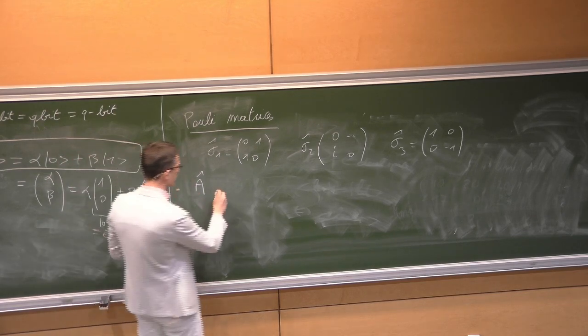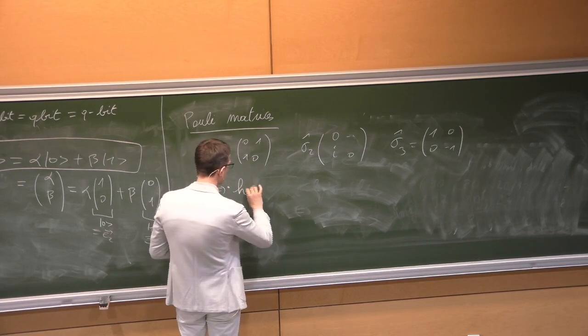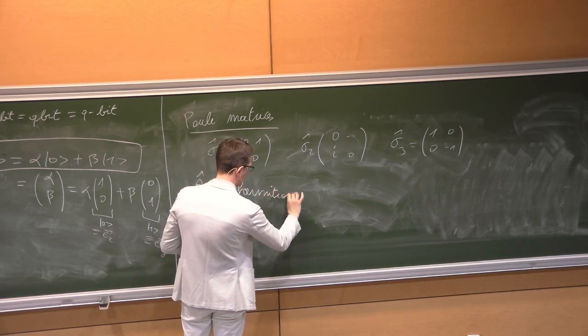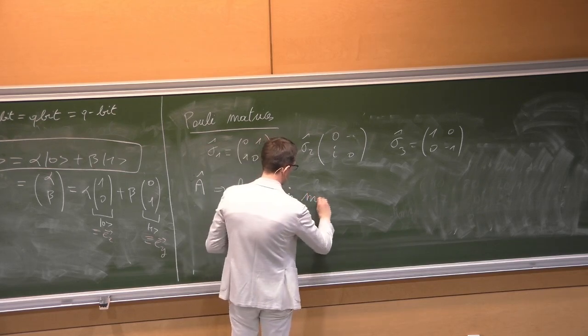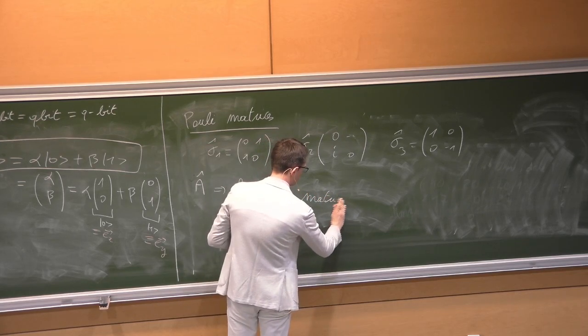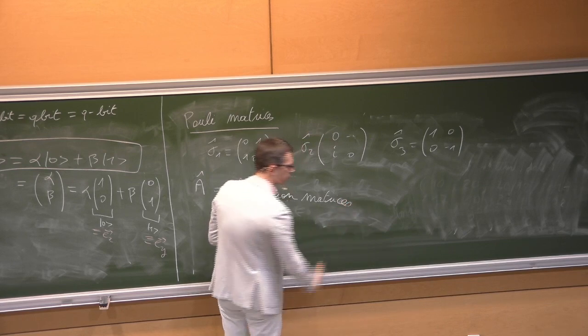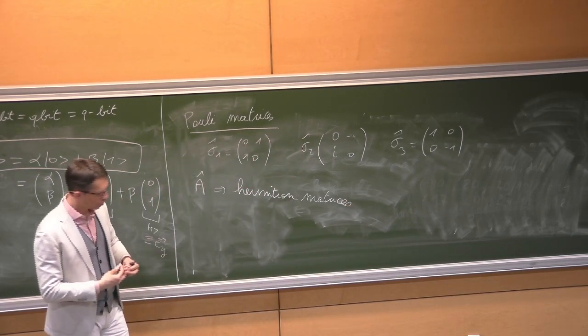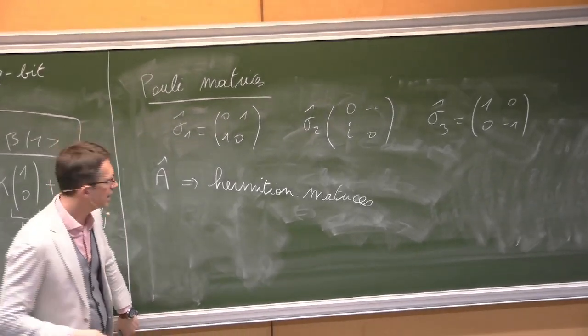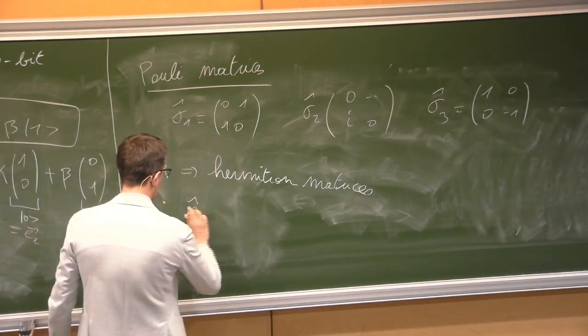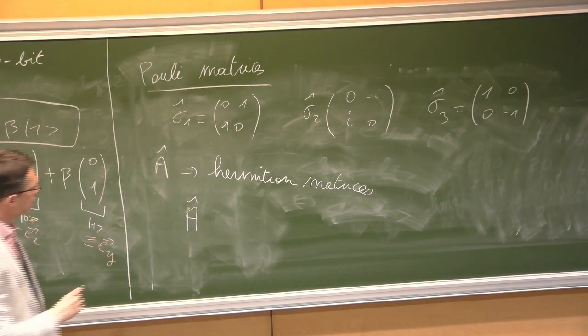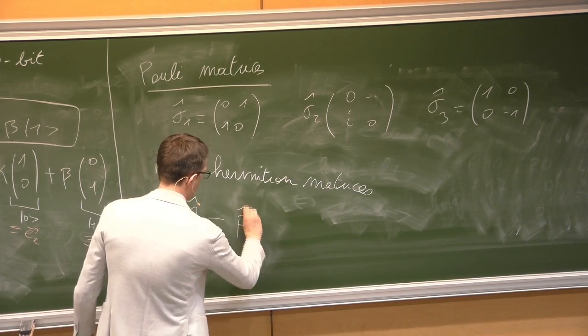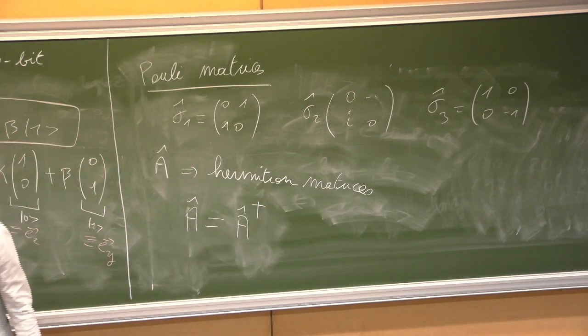The second thing is that these matrices have to be Hermitian. The definition of Hermitian matrices is that the matrix A hat is equal to A with this cross that we call dagger. Sometimes it's called cross. I personally prefer the term dagger for obvious reasons.